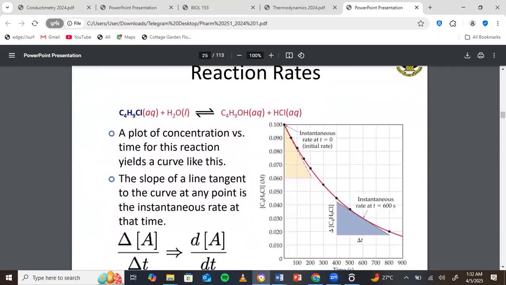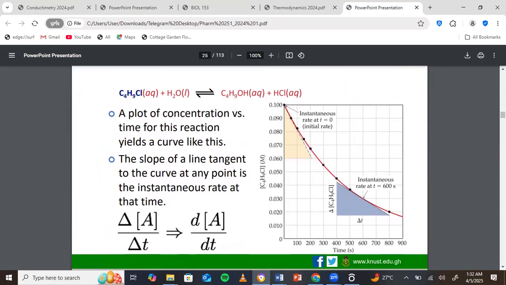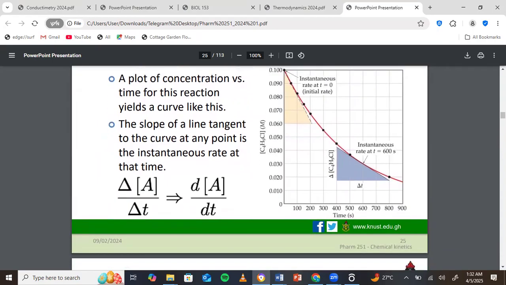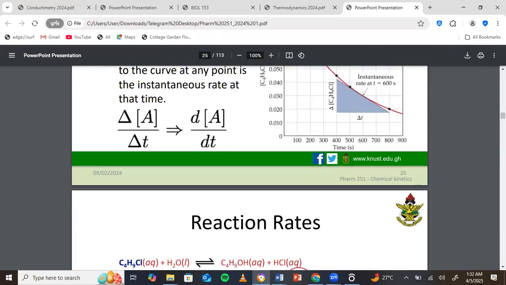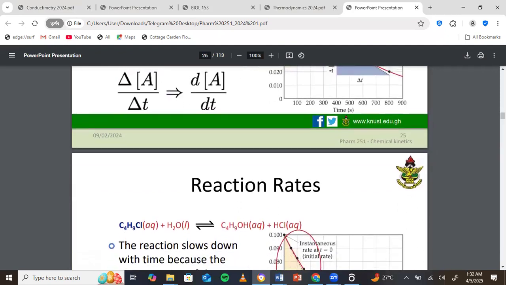Now, a plot of concentration versus time would give us a curve, right? A curve like this. If we draw a tangent to the curve and then find the slope there, it gives us the instantaneous rate of reaction.